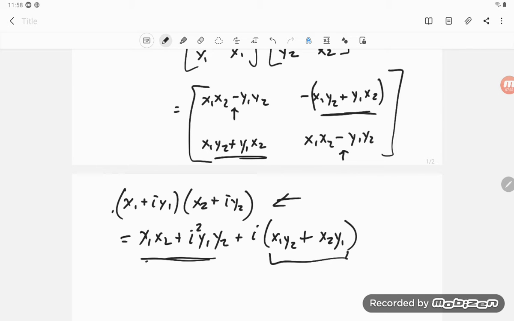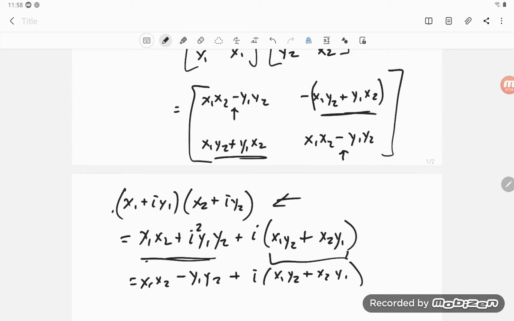That seems to indicate that i squared would be -1. So this is x1 x2 minus y1 y2, plus i times x1 y2 plus x2 y1.